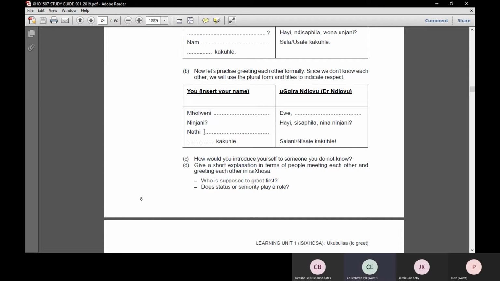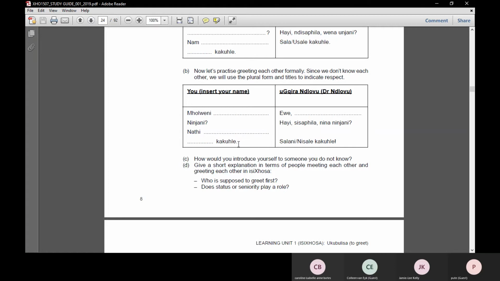Would you say Nati ndikhona Nkosi? That's correct, but here's the thing. They made a mistake. Remember they said you insert your name, meaning it's just one person, right? So I assumed they are talking about one person, but in this dialogue, it's a group of people talking to a group of people.